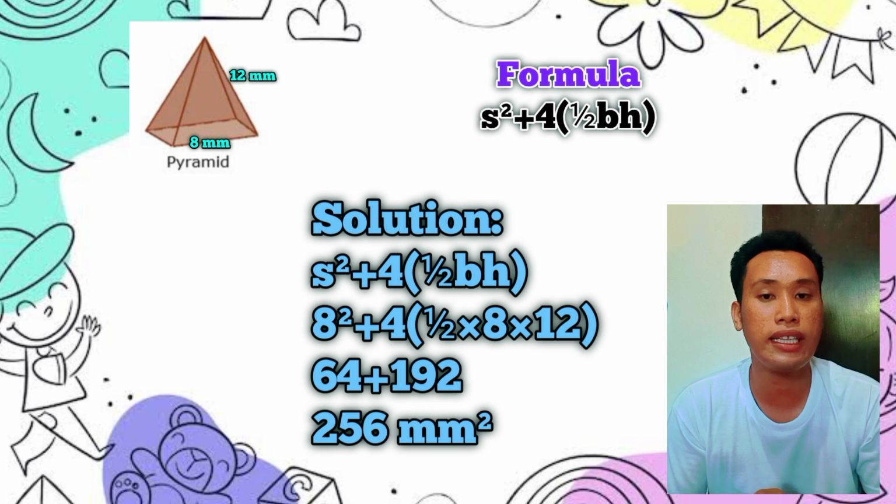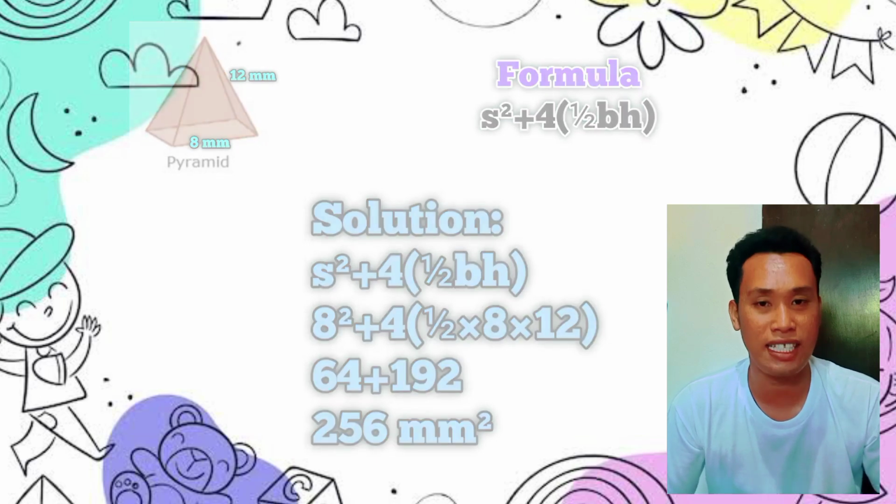So 8 times 8 equals 64, plus 8 times 12 equals 96, times 1/2 is 48, then times 4 equals 192. Let's add 192 and 64. We will get 256 square millimeters.